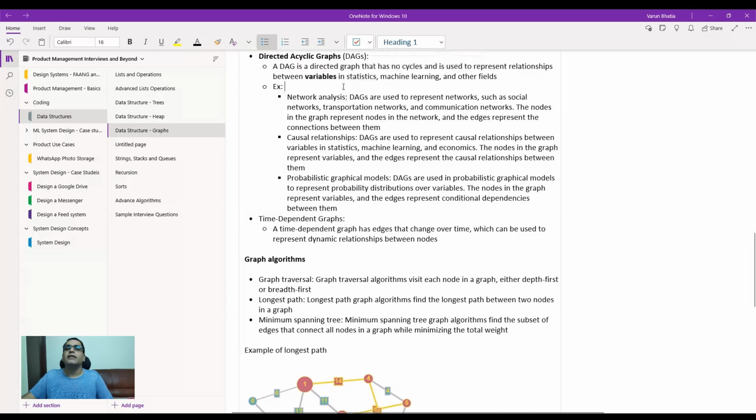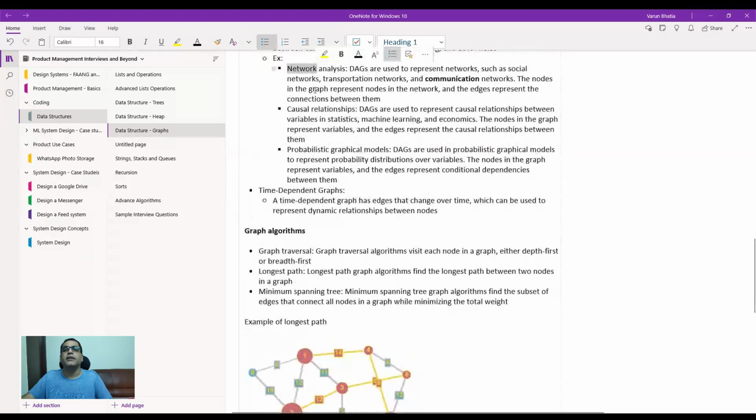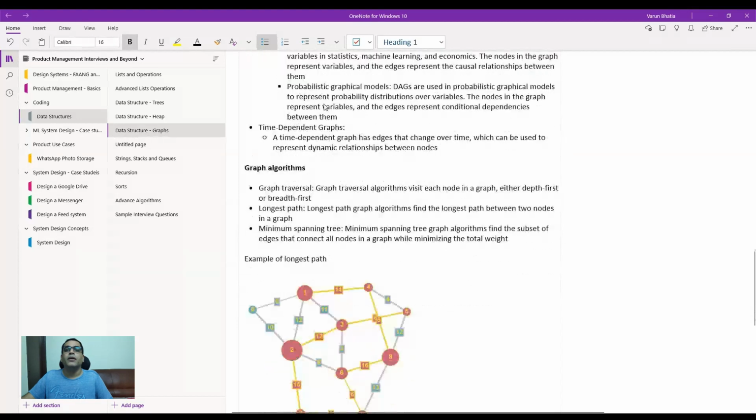I'll give you an example so that you understand what a DAG is. DAGs are used to represent networks, for example social networks, transportation networks, communication protocol networks, right? The nodes in the graph represent nodes in the network and edges represent connections between them.